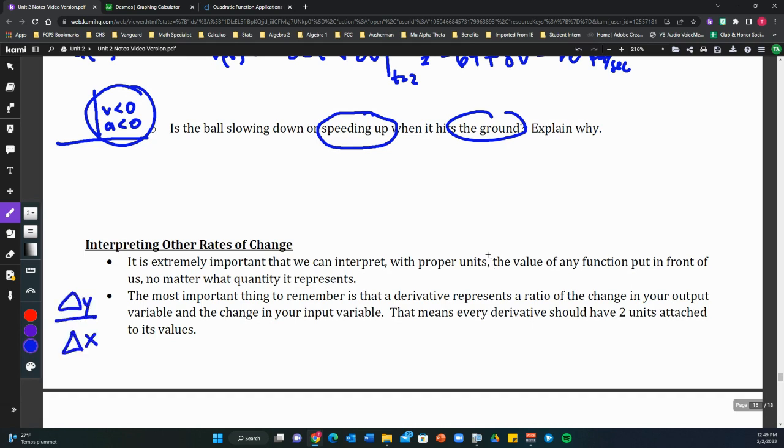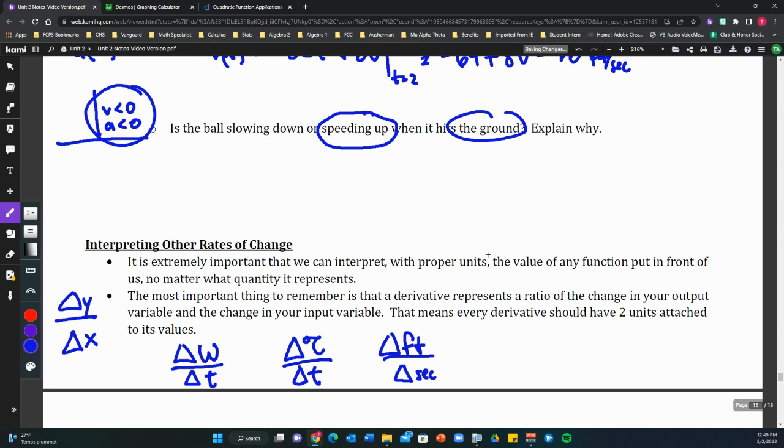So whether that's y and x, or the amount of water in a barrel against the amount of time that passes, or the temperature of an object as time passes, or the height measured in feet of an object over the amount of seconds that have passed.